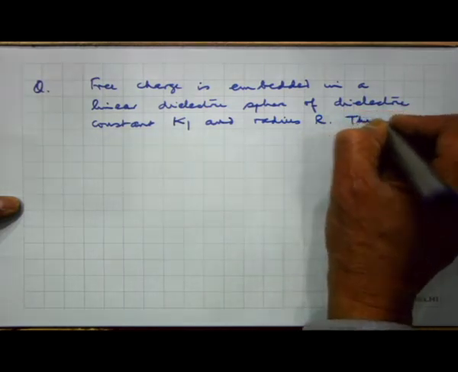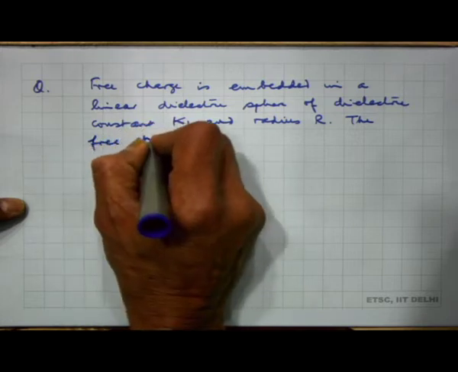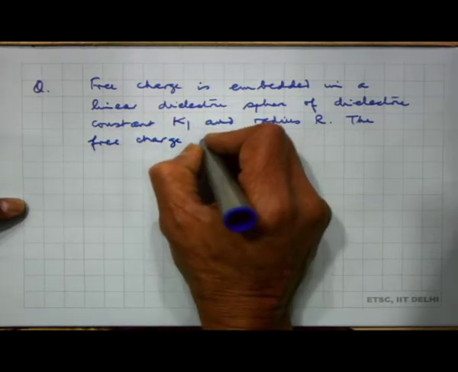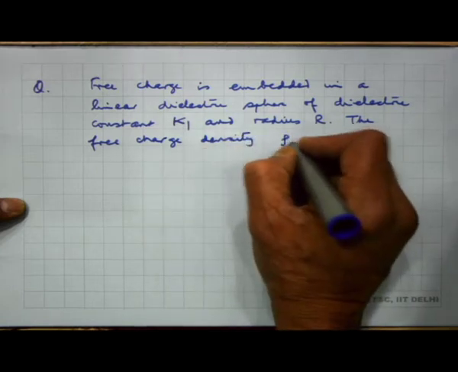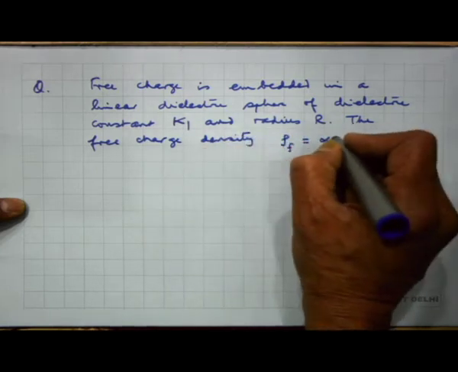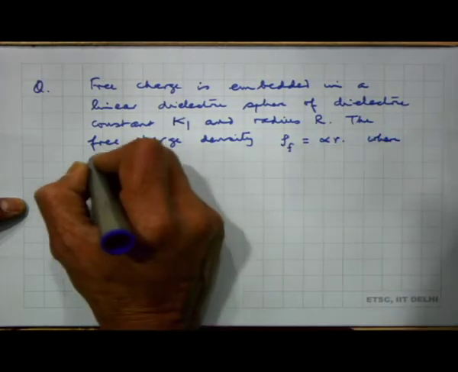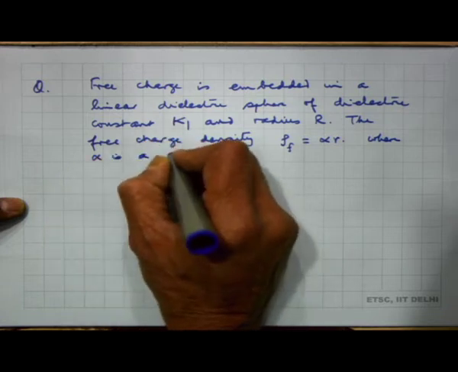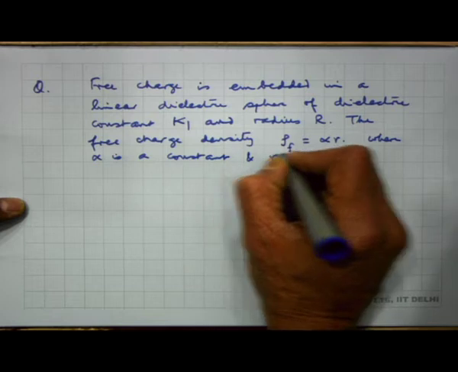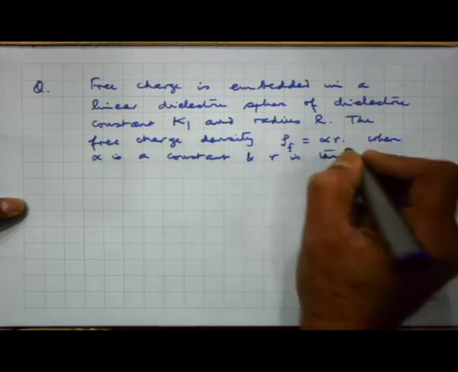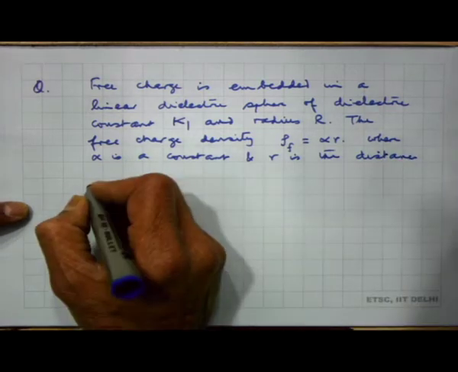The free charge density rho f is equal to alpha times r, where alpha is a constant and r is the distance from the center.